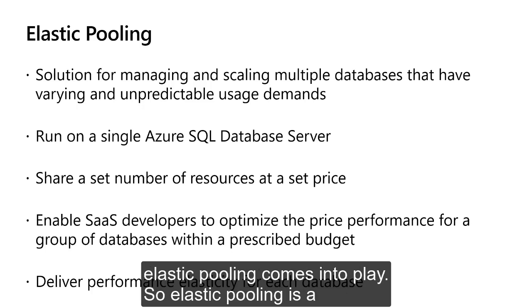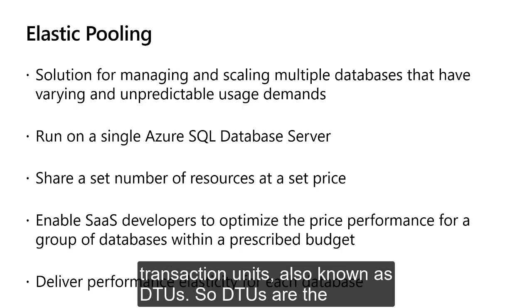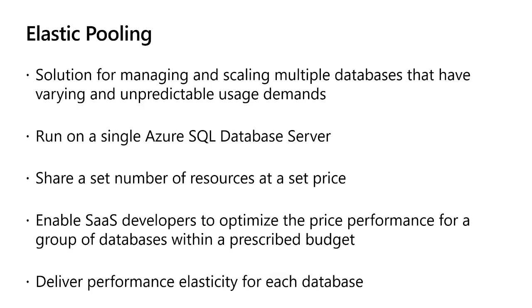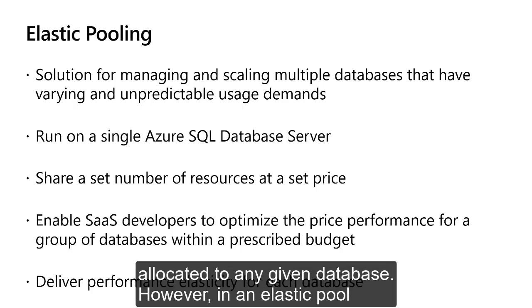So elastic pooling is a collection of databases that is allocated X number of data transaction units, also known as DTUs. DTUs are the measurement for transaction units in Azure SQL that can be allocated to any given database.